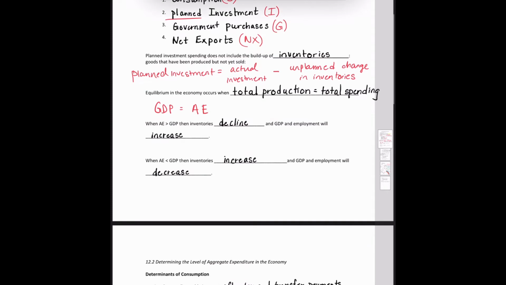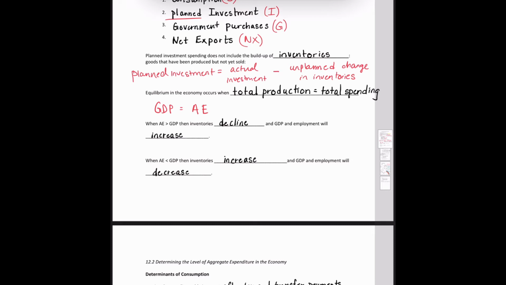So let's see what happens when one is greater than the other, when we're not at macroeconomic equilibrium. When aggregate expenditure is greater than GDP, inventories are going to decline, and GDP and employment will increase.